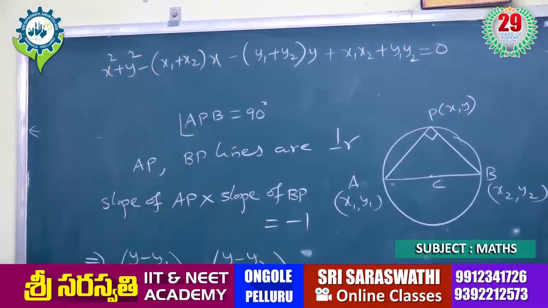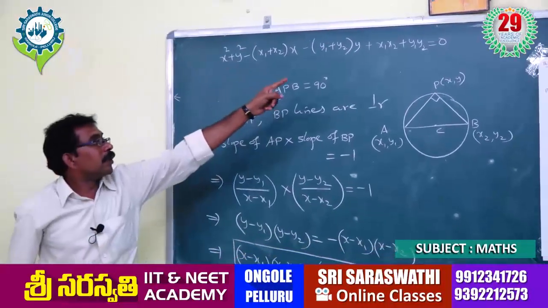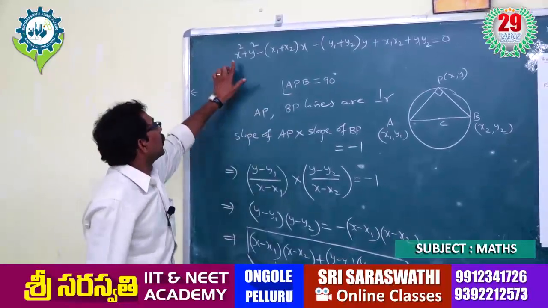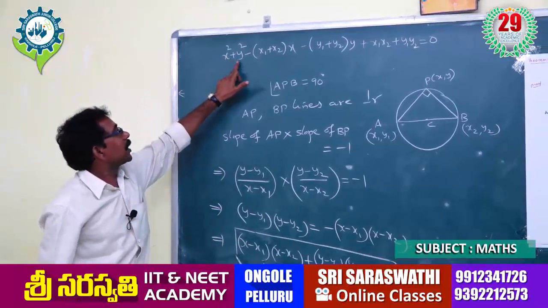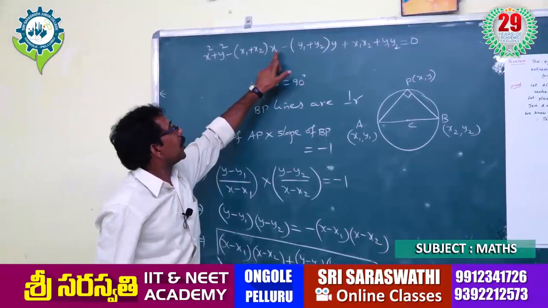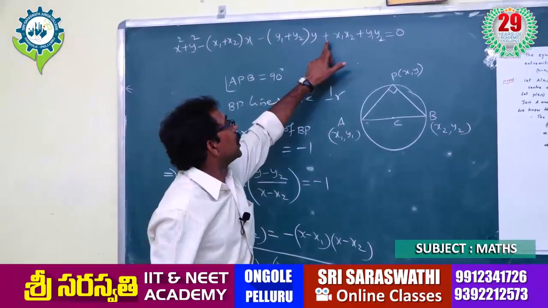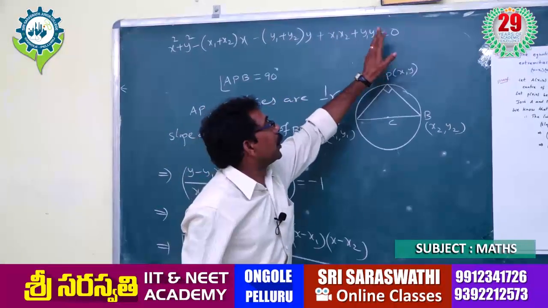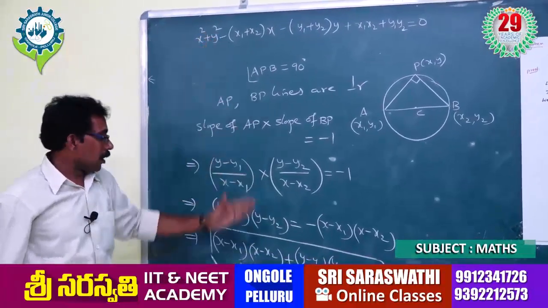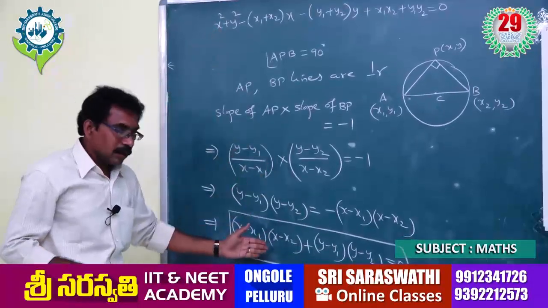This is nothing but this equation, but for objective questions we use this way to get the answer in very quick time. Hence this one and this one are nothing but one and the same. So we can use this one or this one.